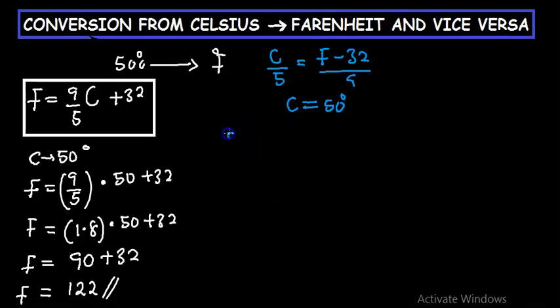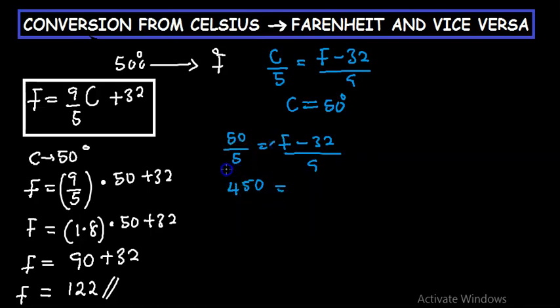Next thing we need to do is to multiply both sides. 50 multiplied by 9 is simply going to be 450, which is equal to 5 multiplied by the bracket of F minus 32.